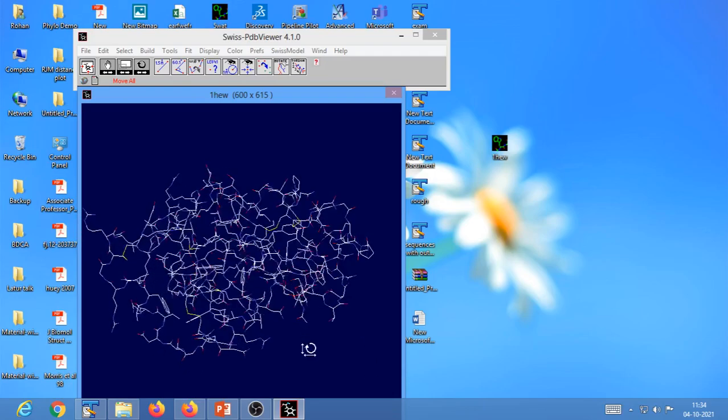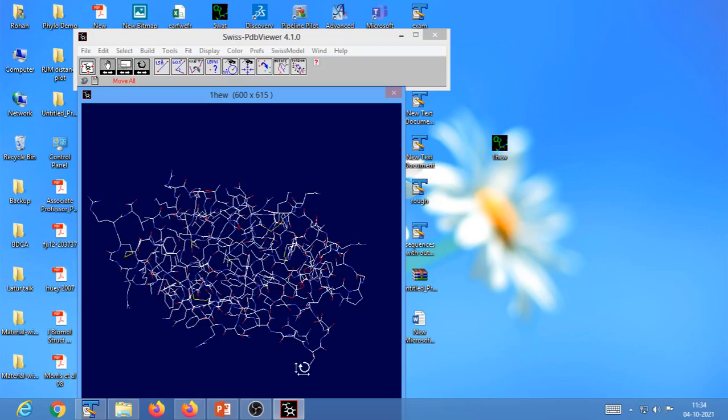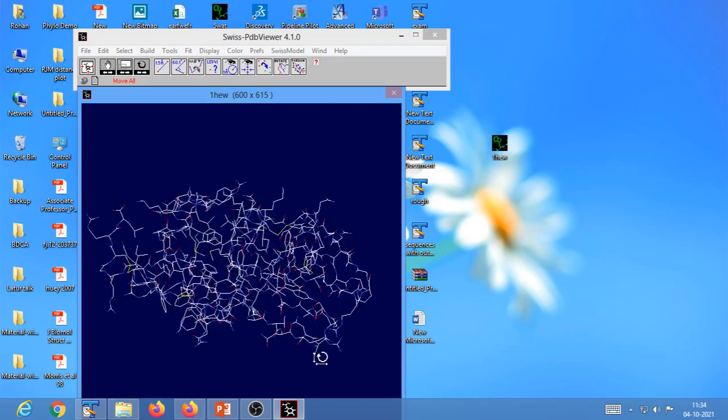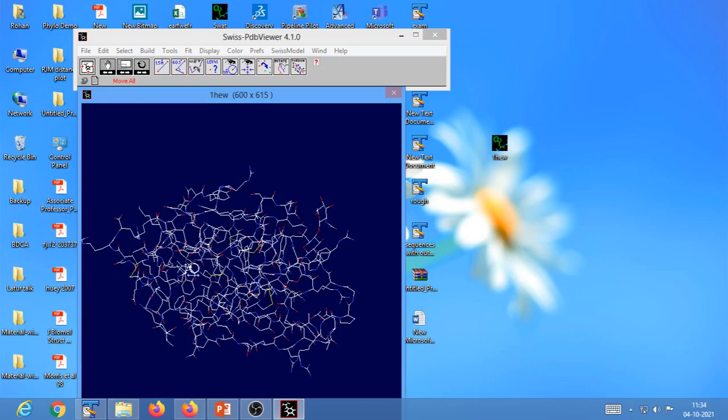We would come to visualization in our subsequent two or three or remaining lectures. We would be doing a lot on visualization, but today's objective is to understand how this data is arranged in the PDB file, and how the data from the PDB file is interpreted by this software to generate such a three-dimensional model. That is our major focus of discussion for today, at least for the time being.